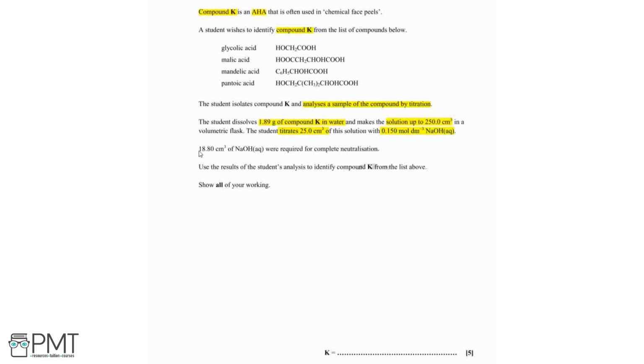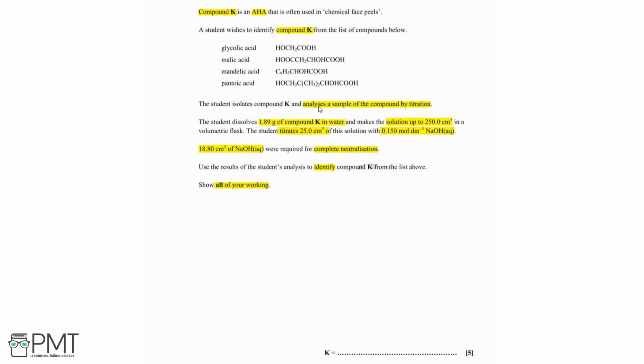And we are told that 18.8 centimetres cubed of sodium hydroxide was required for complete neutralisation. So we need to use these results in order to identify compound K from this list above, and we need to show all of our working here. So we need to show all of the different steps overall.